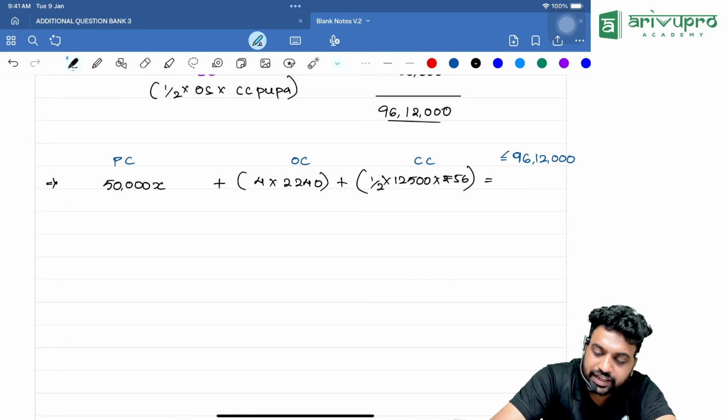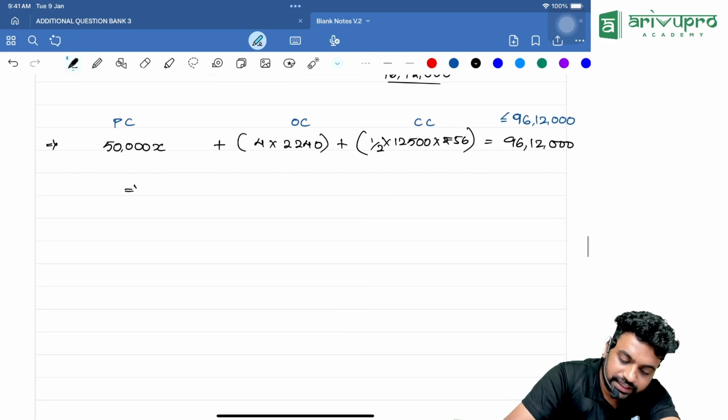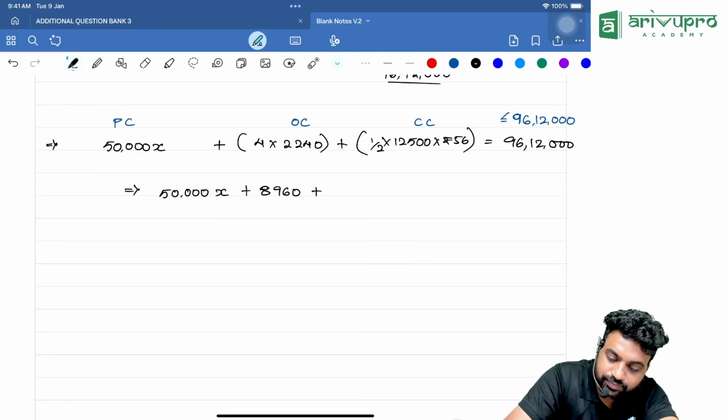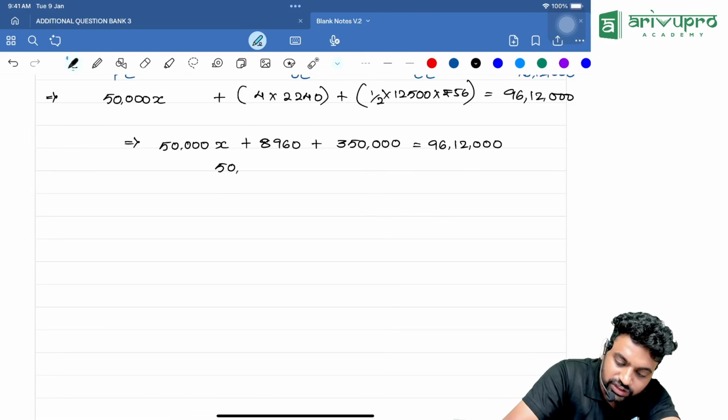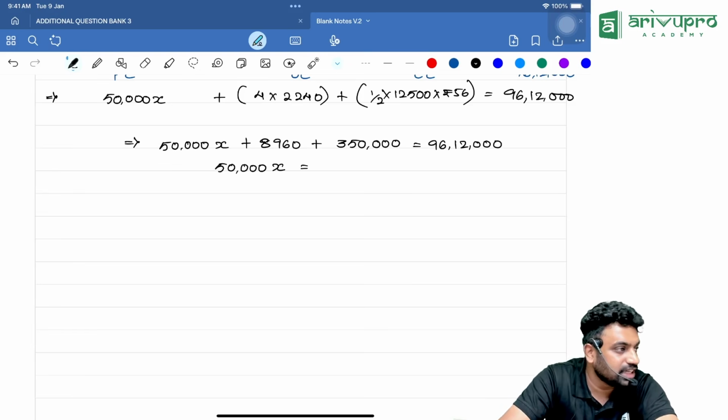That should be less than or equal to 96 lakh 12,000. That is 50,000x plus 8,960 plus 3 lakh 50,000 is equal to 96 lakh 12,000. So 50,000x is equal to 96 lakh 12,000 minus 350,000 minus 8,960.